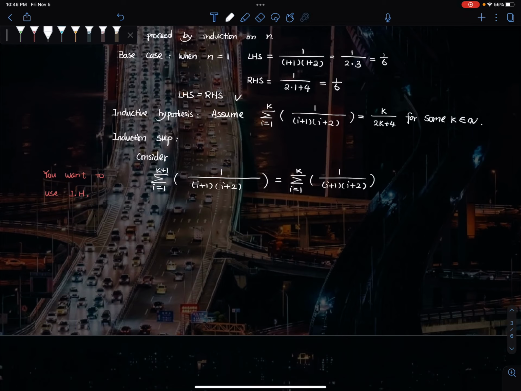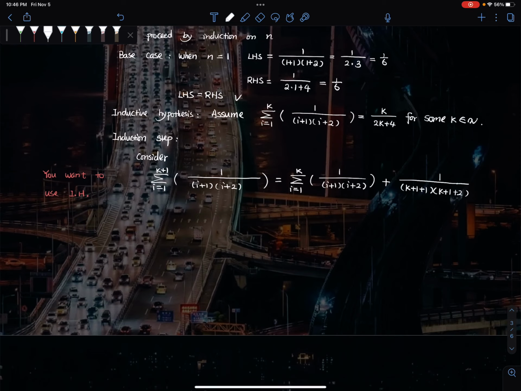So this is adding from 1 to k, but I need to add the last term as well. So the last term is when i equals k plus 1, so that's going to be 1 over (k plus 1)(k plus 1 plus 2).